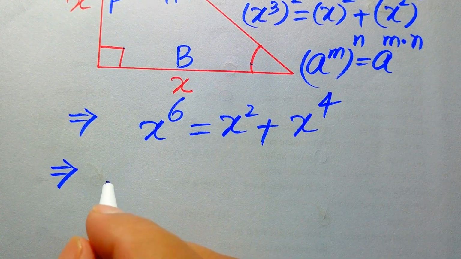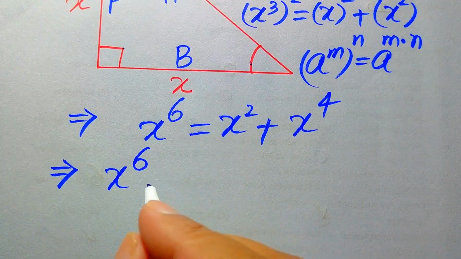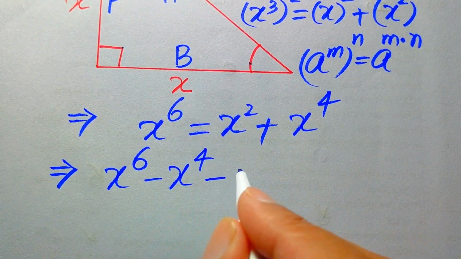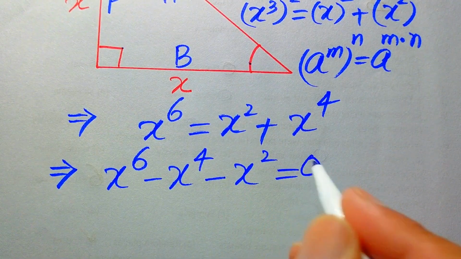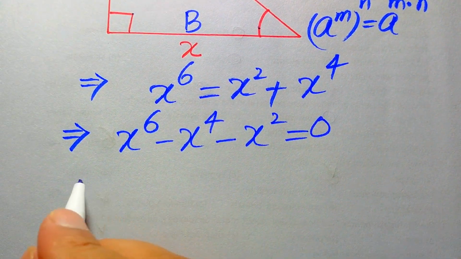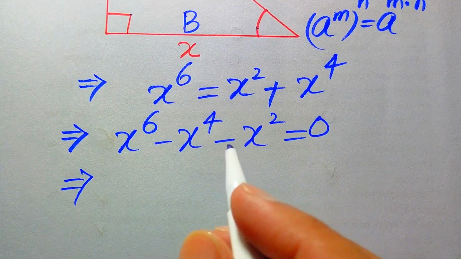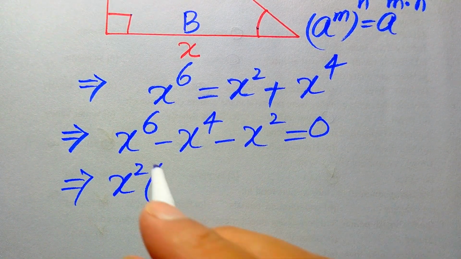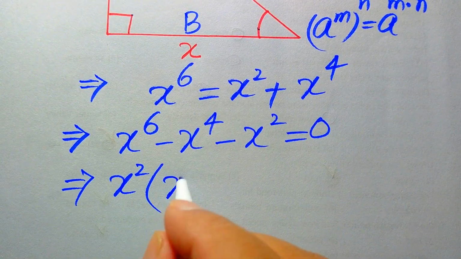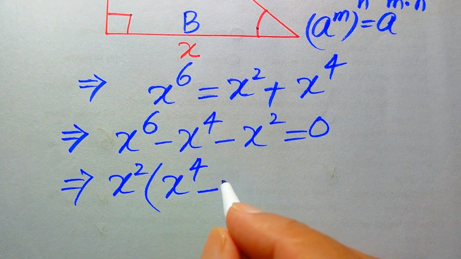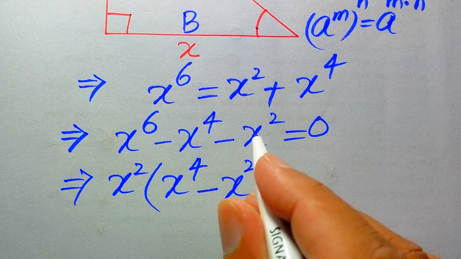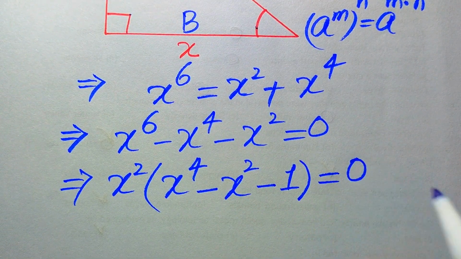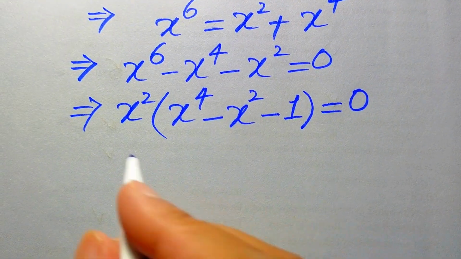Now we rearrange the terms and move all the values from the right hand side to the left hand side, and we get x to the power of 6 minus x to the power of 4 minus x squared equals 0. Each of these terms involves x squared, so we take x squared common and we get x to the power of 4 minus x squared minus 1, and this whole equation equals 0.